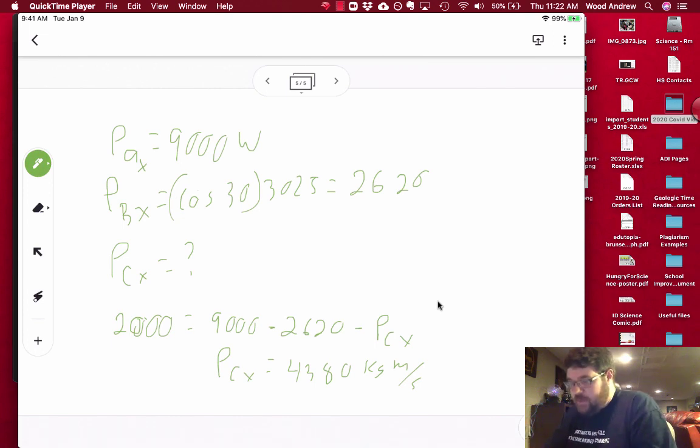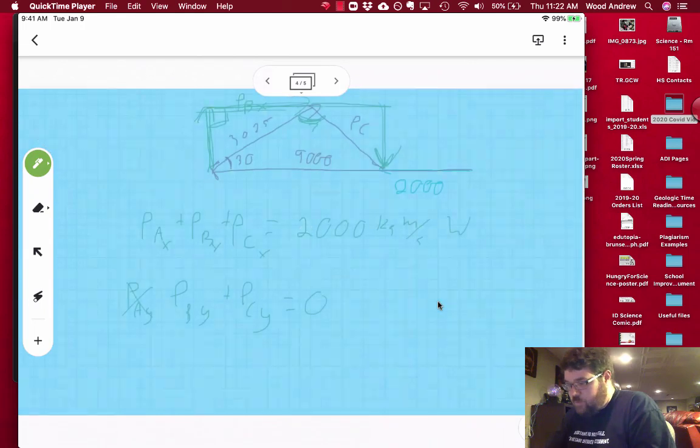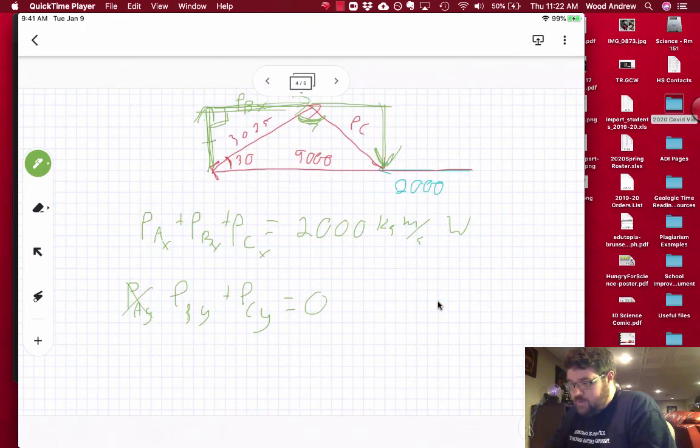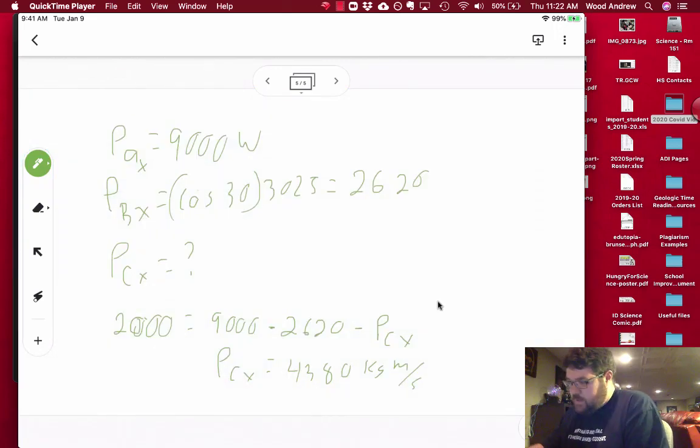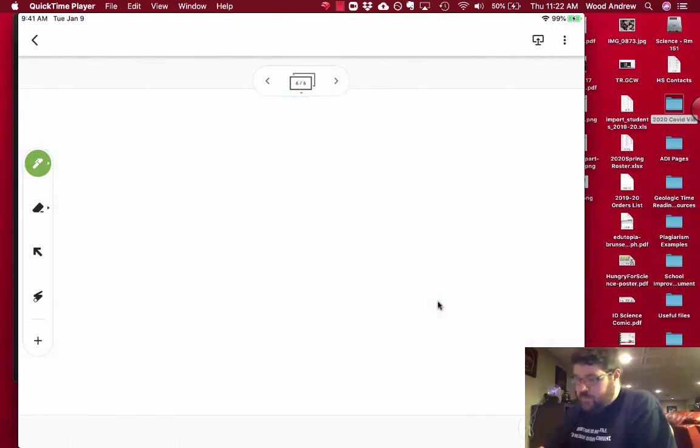We have to do the same thing for the y, right? Remember the y, we have components of B and C both in the y direction. Again, similar process. We have the angle here. We need to get the side across from it. So to do y, of course, P_A_y is nothing.